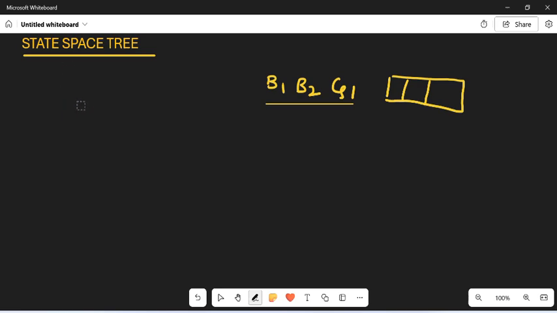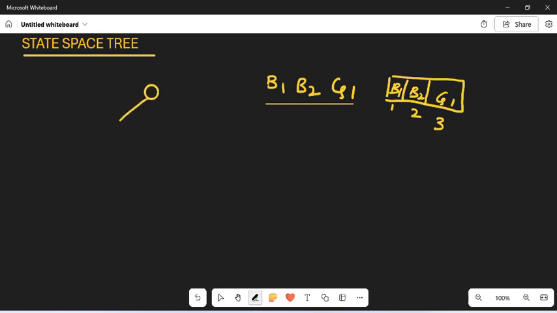As I said, I need to make these 3 students sit on these 3 chairs. This is the first chair, second chair and third chair. Now, what is the first possibility? The first possibility is B1, B2 and G1. That means in the first chair boy 1 will sit, in the second chair boy 2 will sit, and in the third chair girl 1 will sit, right. Therefore, let us draw one state space tree for this.